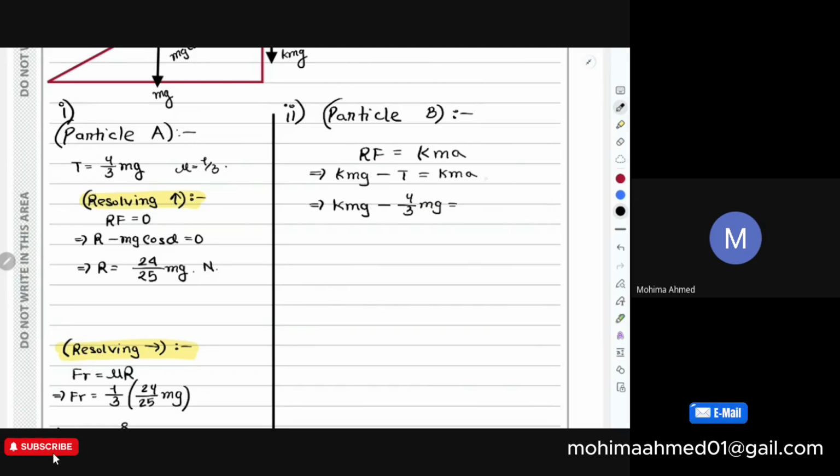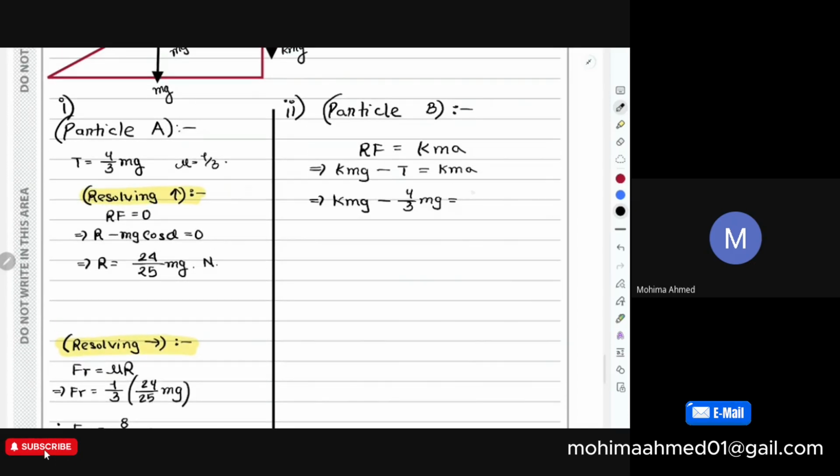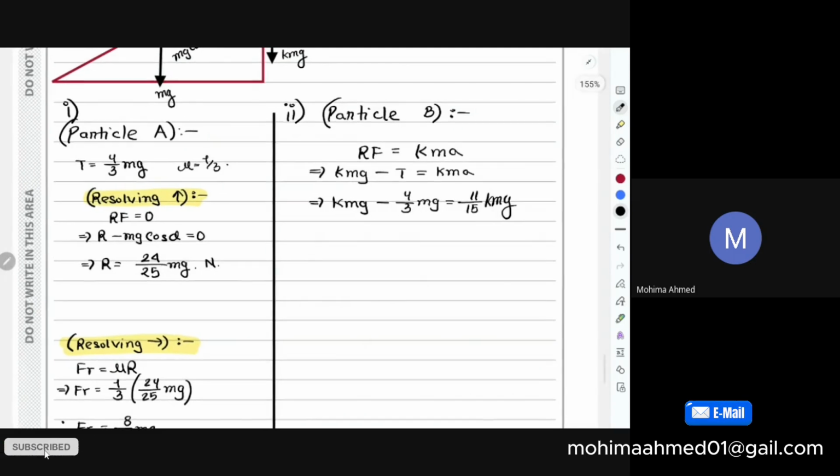Then a was 11 by 15 g, right? So we have 11 over 15 kmg again. So what I can see is that we have kmgs. Let's take all the kmgs together. So we get kmg minus 11 by 15 kmg equals 4 by 3 mg.